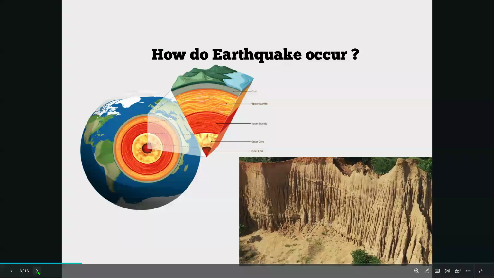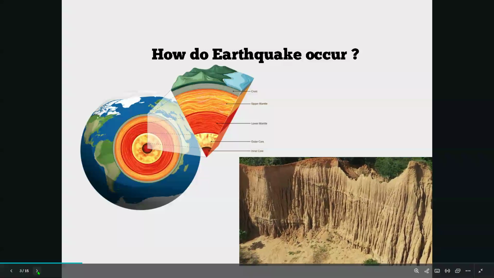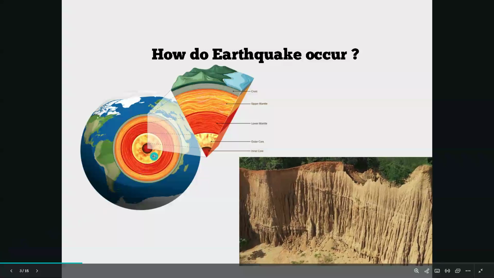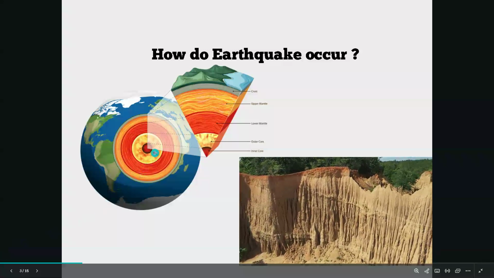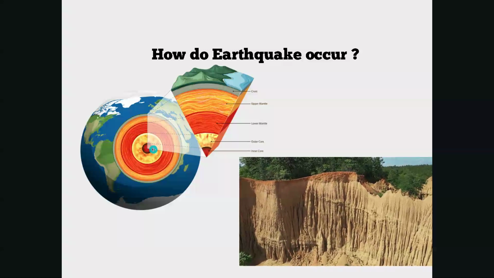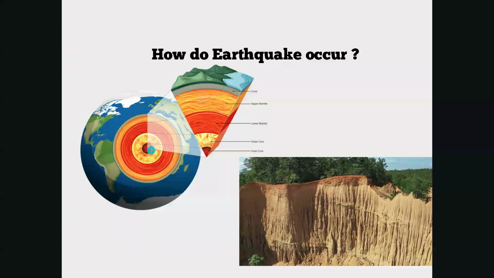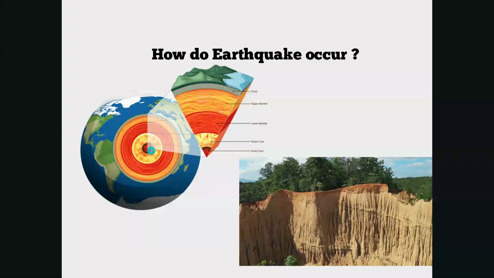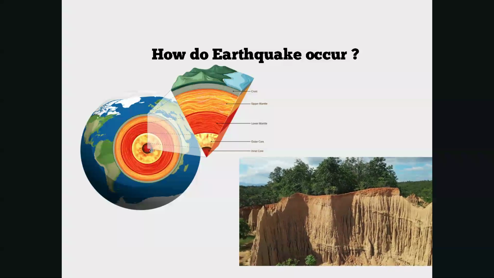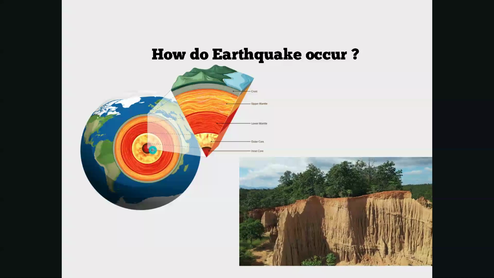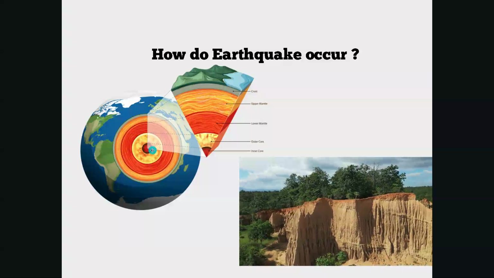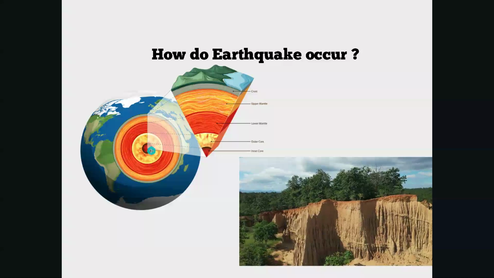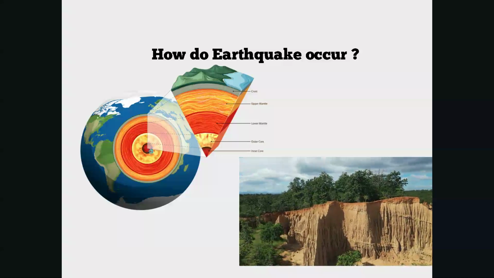Now, how do earthquakes occur? If you see in this diagram, in the earth's core you will find the crust. Here inside, the earth will be in the molten form. All the metals, especially ferrum, iron, and nickel, will be in the liquid form here.